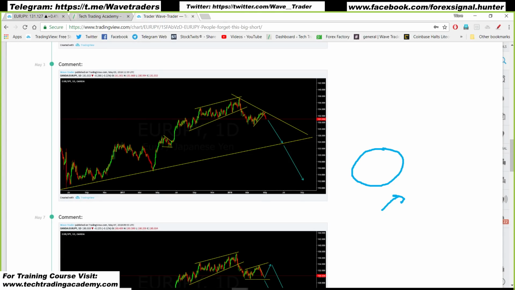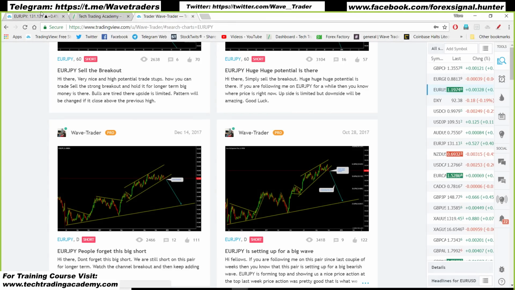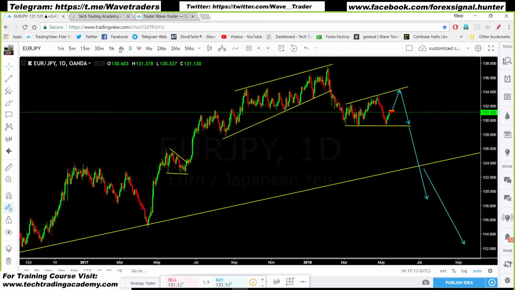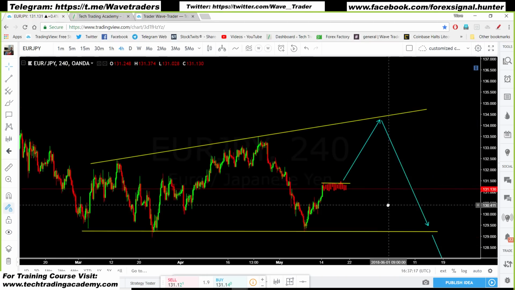So within that expanding triangle, we are having a short to medium term buy setup. This correction and go back up.